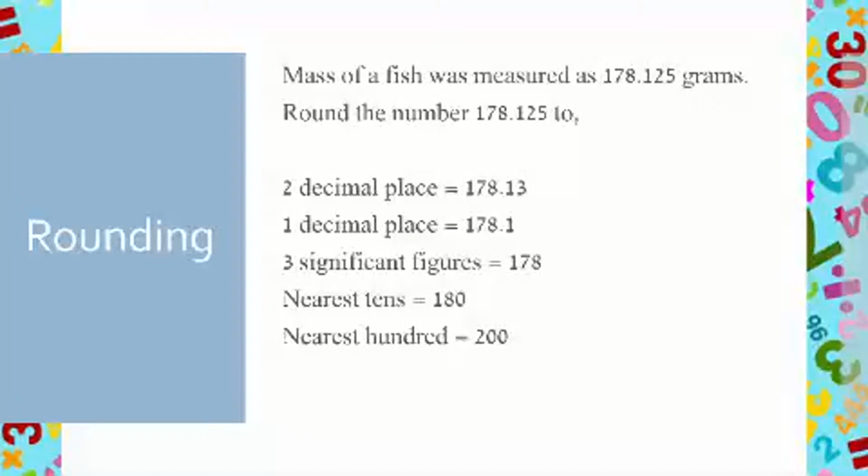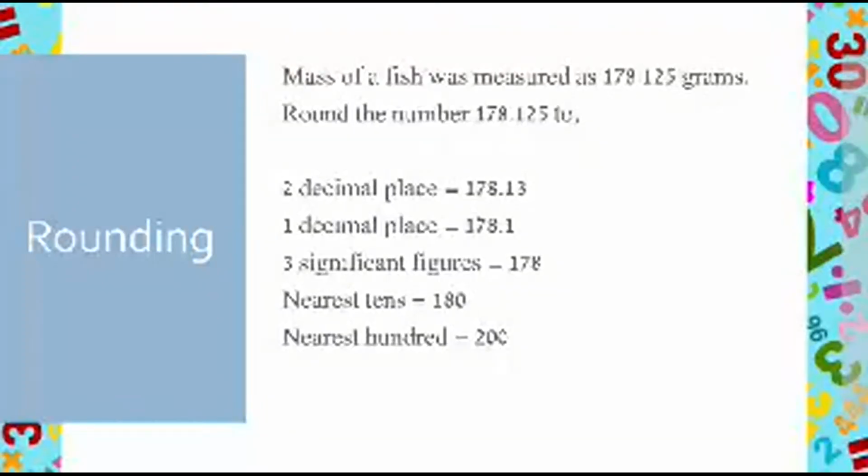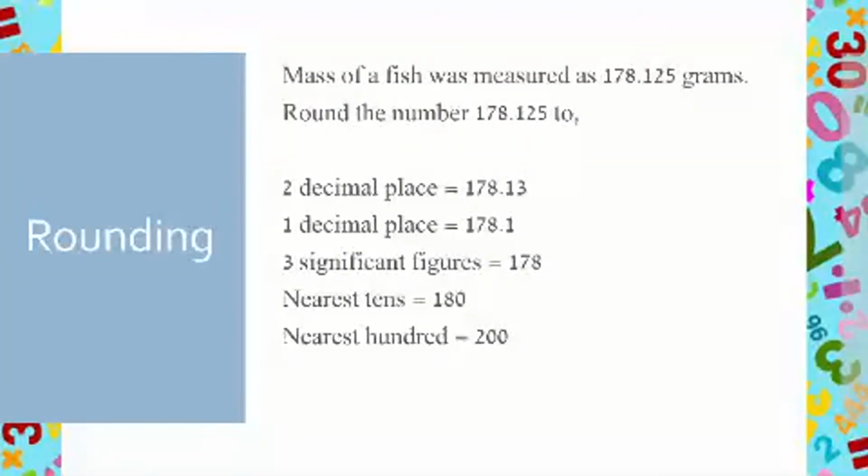Then, three significant figures. Whenever significant figure rounding comes, you have to take into consideration the numbers starting from the first non-zero digit. The next number is less than 5, so 178 remained unaffected, and the rounding to three significant figures answer is 178. Whereas the nearest ten to 178 is 180, so I rounded that number.